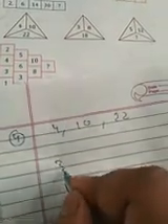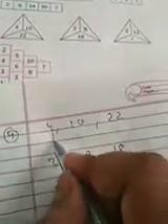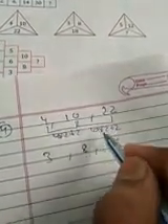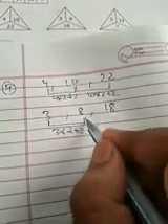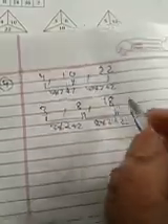Next is 3, 8, 18. We write this to study the pattern. So 4 times 2 plus 2: 4 times 2 is 8, plus 2 is 10. Similarly, 10 times 2 is 20, plus 2 is 22. Similarly, 3 times 2 is 6, plus 2 is 8. 8 times 2 is 16, plus 2 is 18.